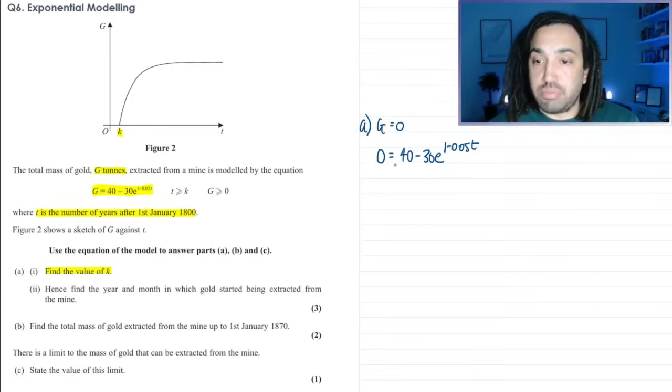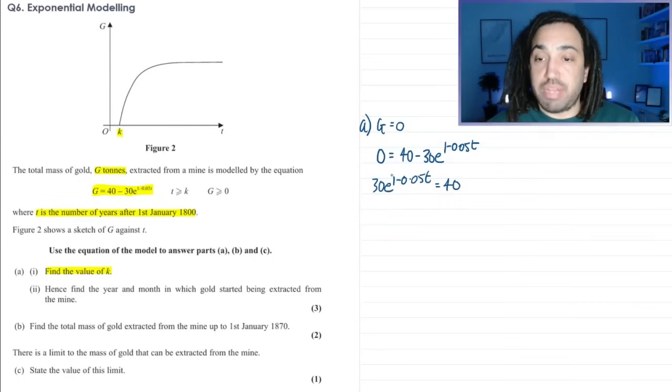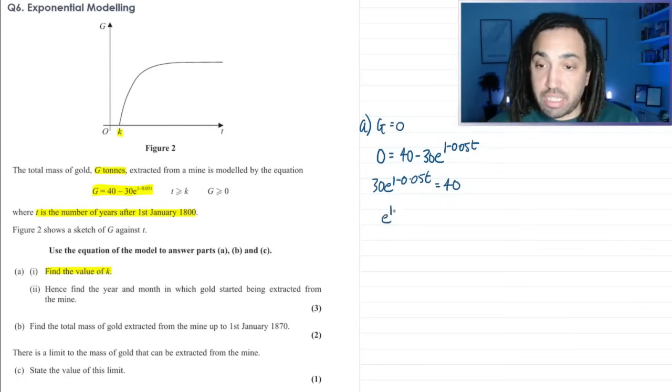Okay, so what we can do is rearrange this to get 30e to the 1 minus 0.05t is equal to 40, and then divide through by 30, which will give us 4 over 3.